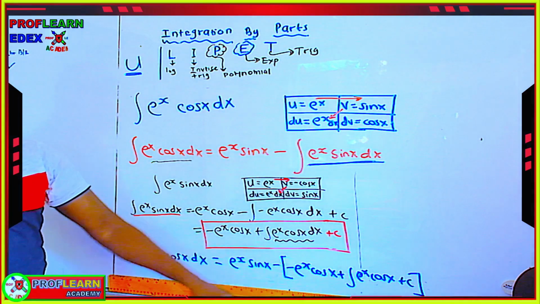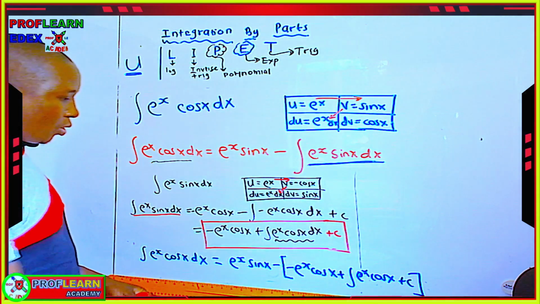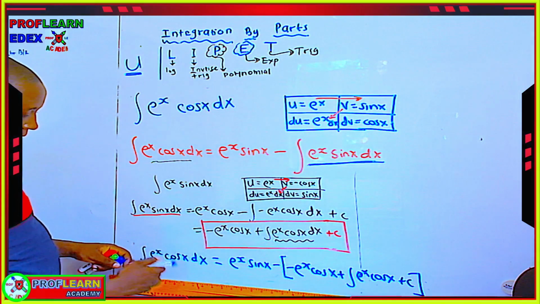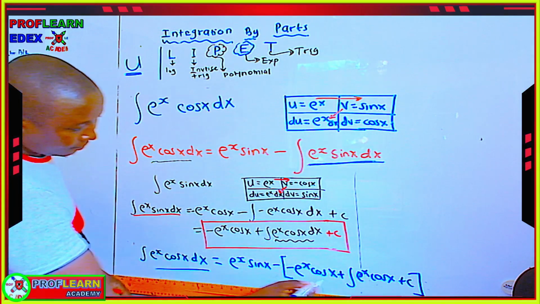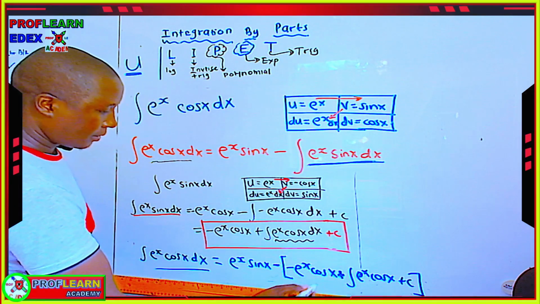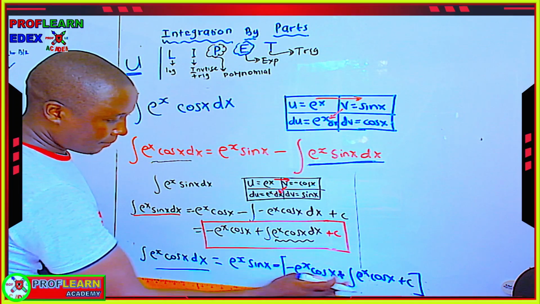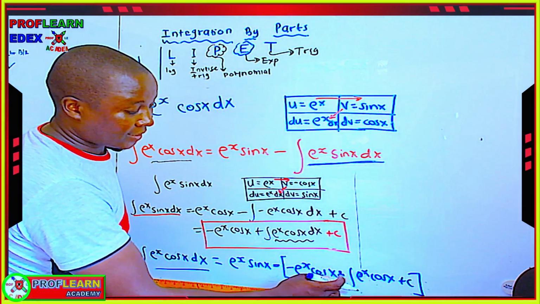Then if we open the brackets, we are going to take this term and this term, because this times this will be minus. This is a minus and this is a plus, so this times this is going to give us a negative.